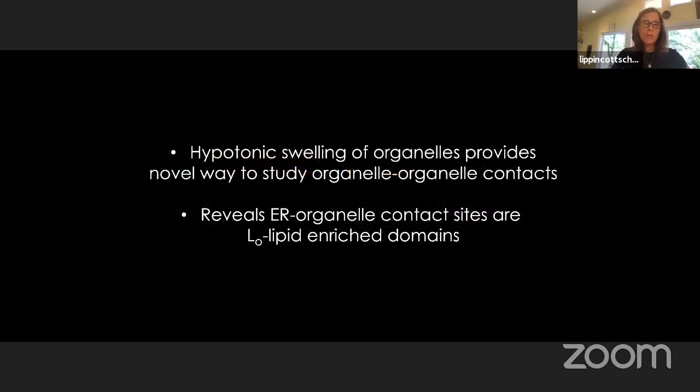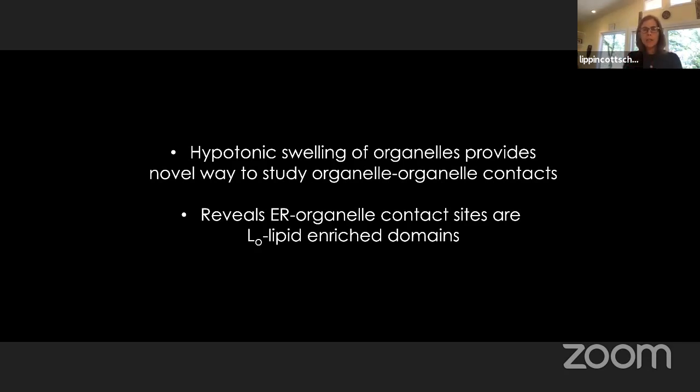So in summary, what this paper really offers is a new way to look at how organelles can interact with each other through hypotonic swelling, which essentially by swelling these cells and the organelles within them, you just make things easier to visualize the co-association of the organelles.